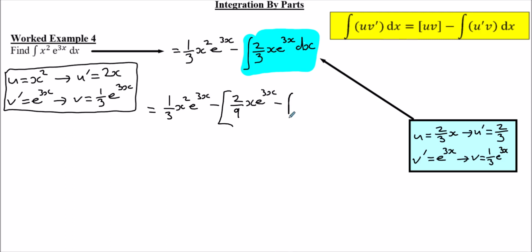Minus the integral of u dashed multiplied by v. So u dashed times v, 2/3 times 1/3, that's going to give 2/9. The rest of v is just e to the 3x. So then e to the 3x dx.